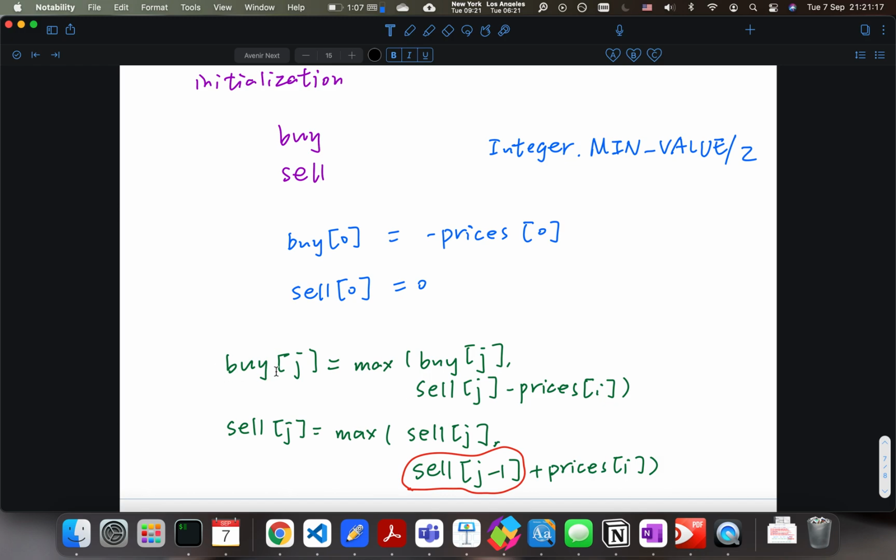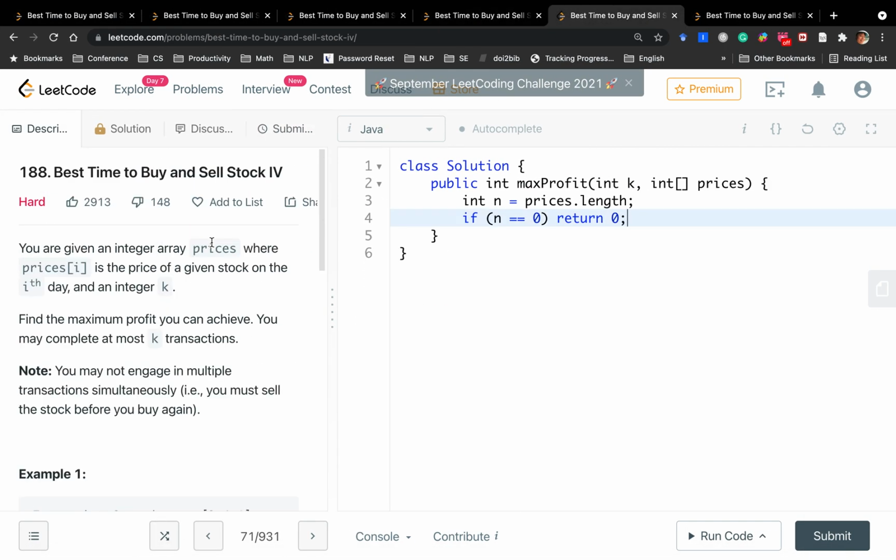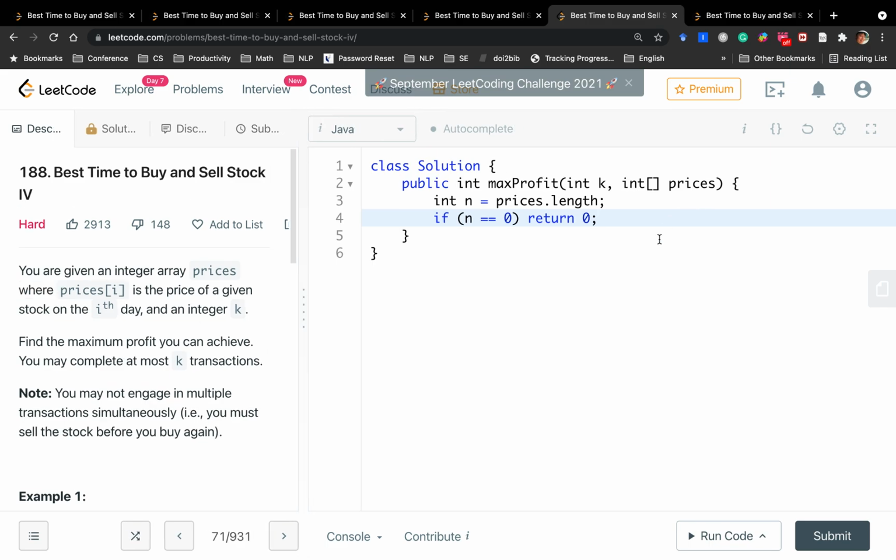So if you just buy it, it's not a new transaction, so you can just use the sell j. But if you update sell j, then this part should be buy j minus 1 plus prices I, because, as I said, sell is a new transaction, so you can only use the last transaction's buy. So that's the difference. Okay, let's write the code so you may understand this part well.